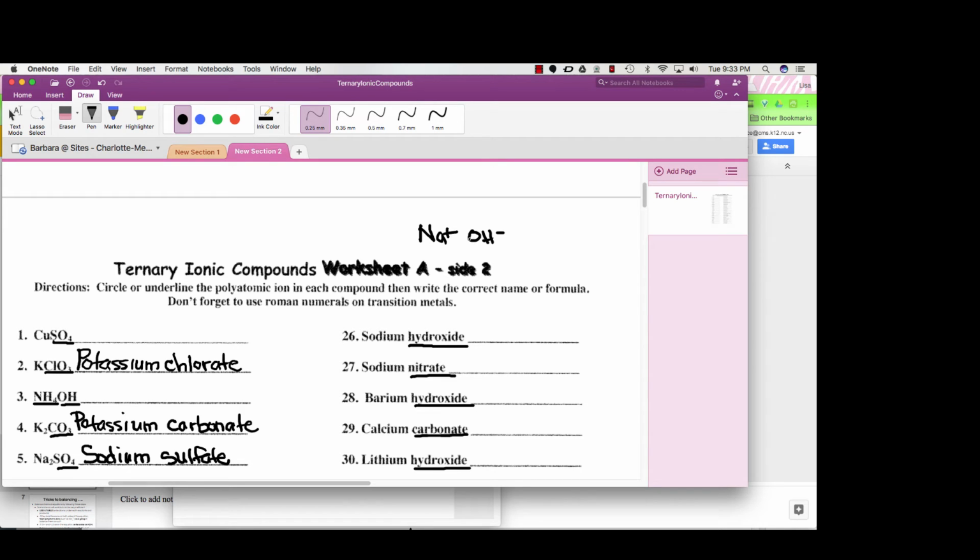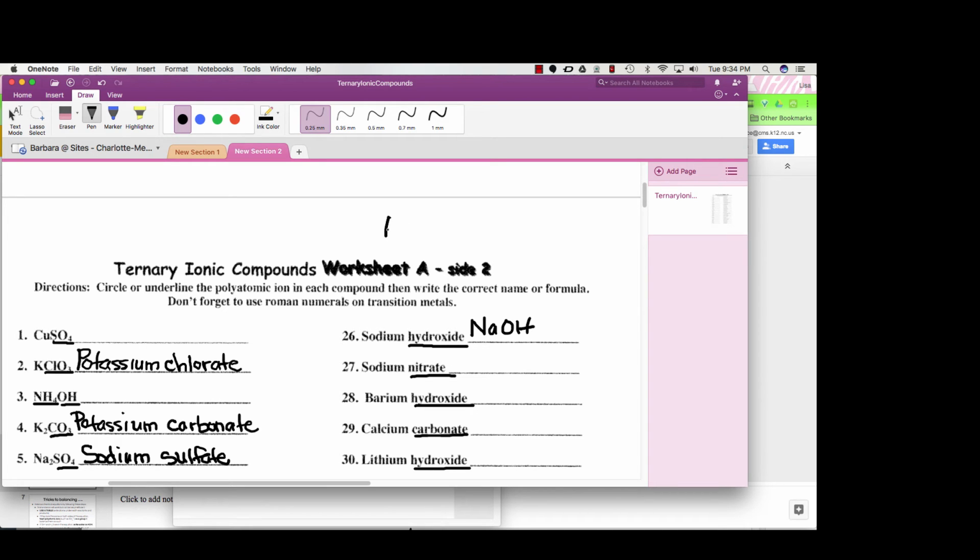When you look at the formula for hydroxide, you see that there's a 1-to-1 ratio, and we need to respect that, so we cannot change anything about that formula. So we crisscross our charges, remembering that we don't write ones and our charges cancel. So now we have the formula NaOH.